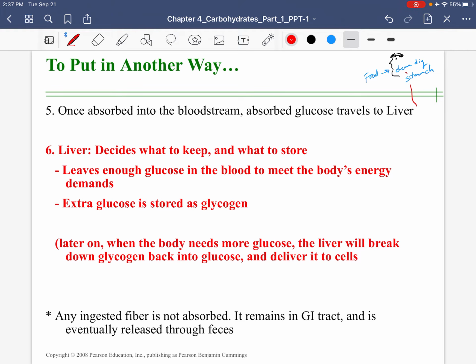The food will continue from our mouth down the pharynx into the esophagus, which gets to the stomach. The food then continues into the small intestine. Now, we may remember, the small intestine is where we complete chemical digestion of the nutrients, and then we do absorption into the bloodstream.